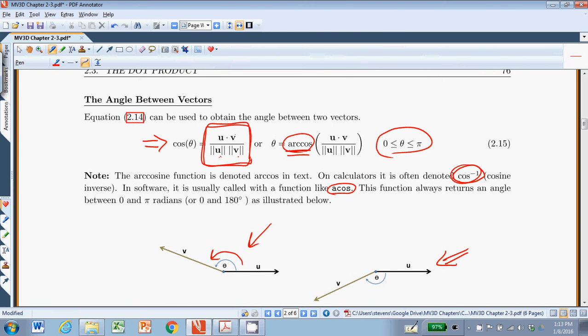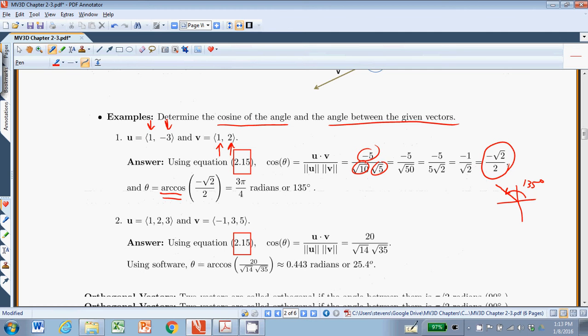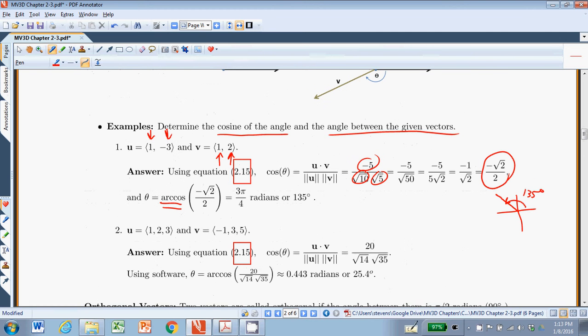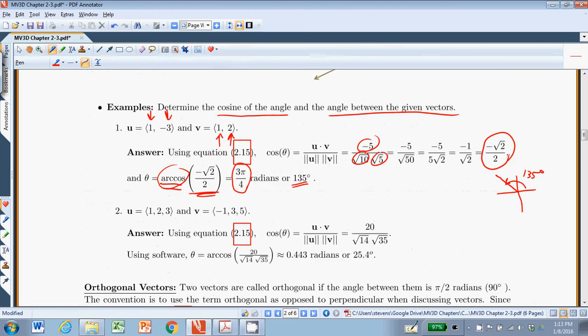But cos inverse if you're using it like a TI, and acos if you're using MATLAB. Okay, and again, if you do arc cosine of this value, it will return, because everything's in radians in software, this number only expressed as a decimal. And you can convert that to degrees, and then it might look more familiar to you.